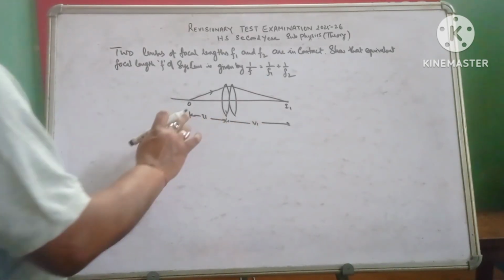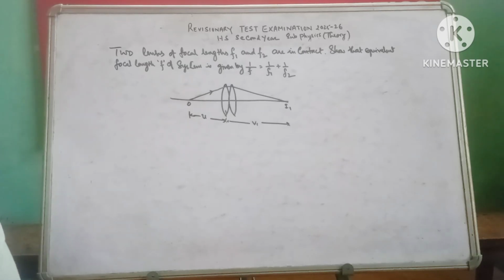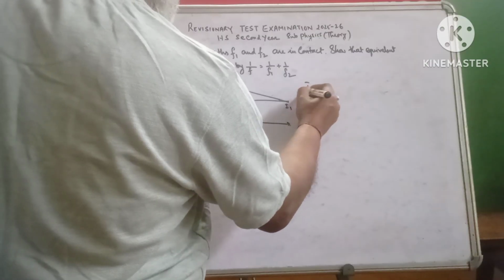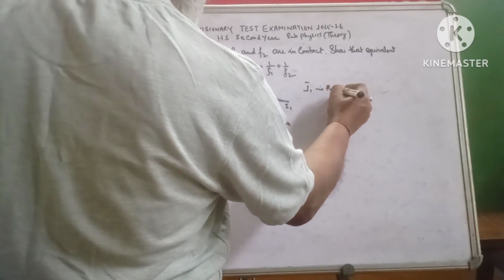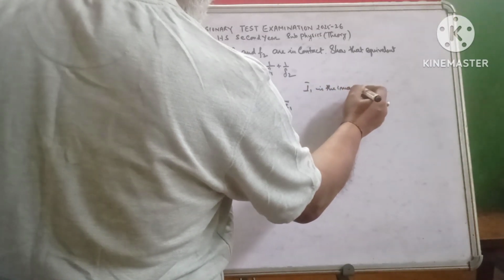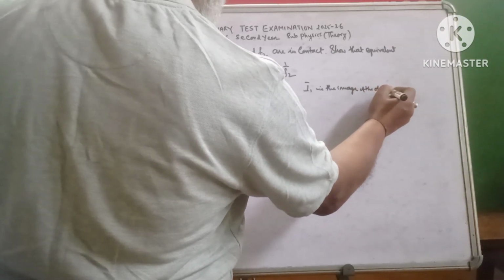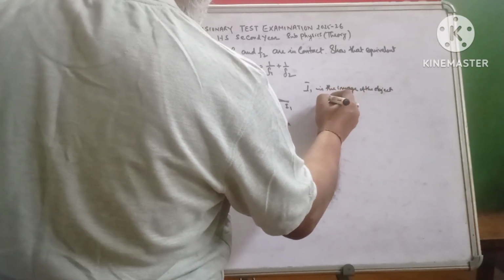I1 is the image of the object, and it is a real image.